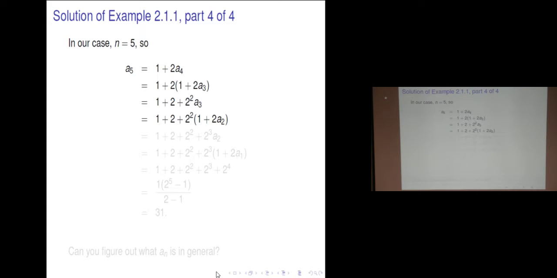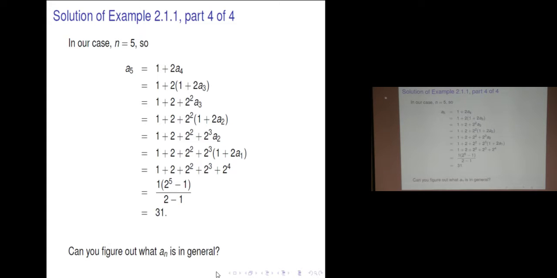Now what is A3? A3 is 1 plus 2 times A2. It's very easy to calculate. So in the end, you find A5 is the sum of a geometric series, right? By the formula, you get 31. Okay? So now, can you figure out what AN is in general?